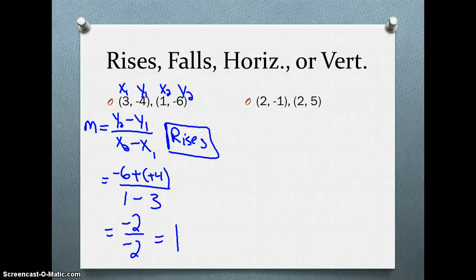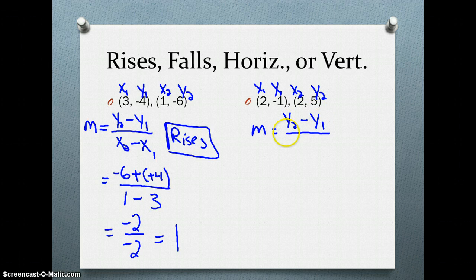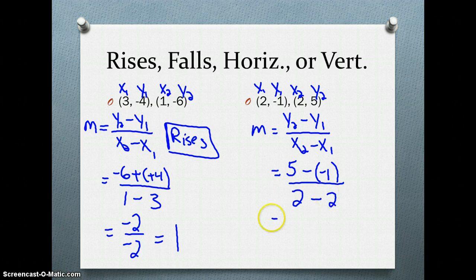Second example. Okay, x1, y1, x2, y2. M equals y2 minus y1 all over x2 minus x1. Substitute in. Y2 is 5. Y1 is negative 1. So we have 5 minus negative 1. X2 is 2. X1 is 2. Minus a negative becomes plus a positive.